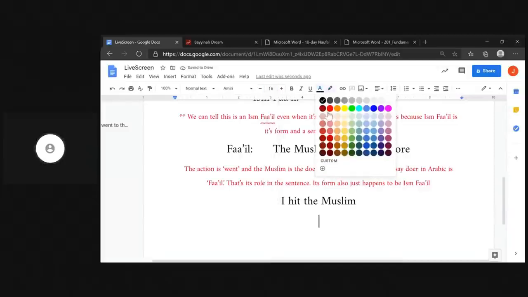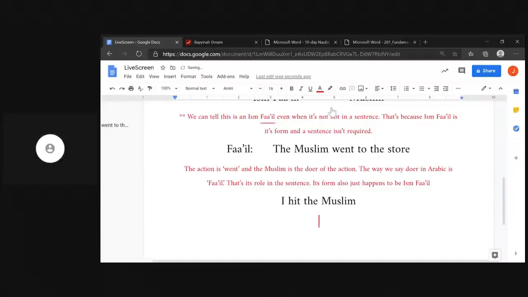In the second sentence, the fa'il was a pronoun. The action is hit, and I is the doer of the action. So the fa'il in this sentence, I'm gonna keep that part in Arabic so it's easy to point out.